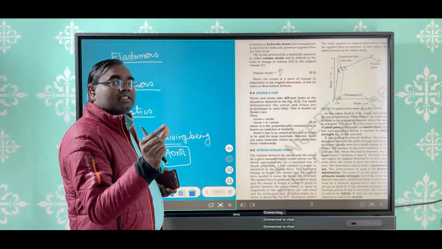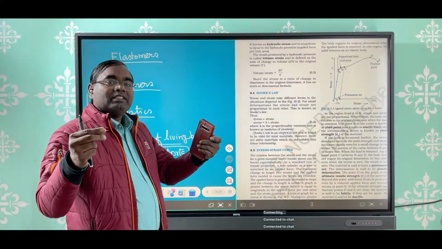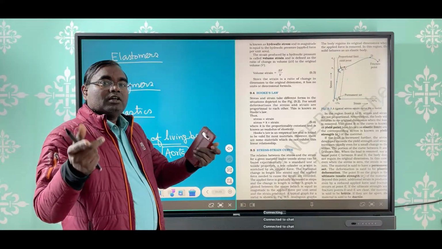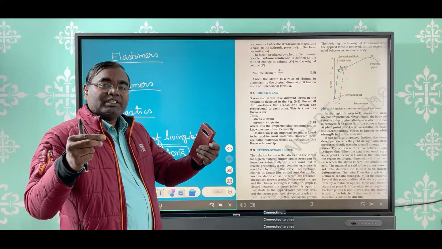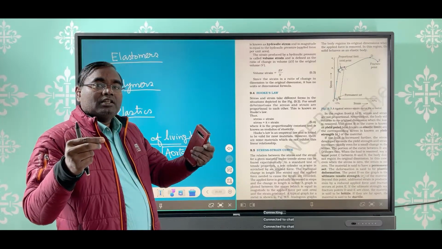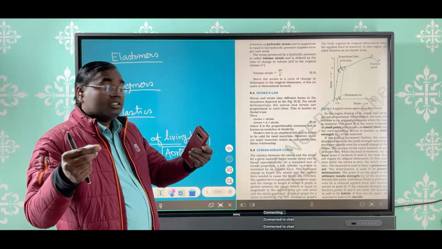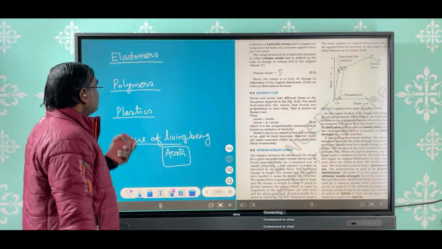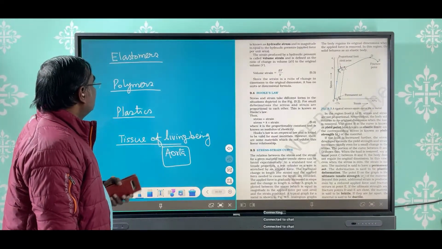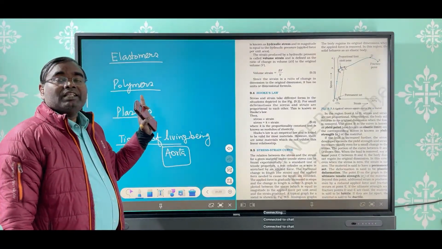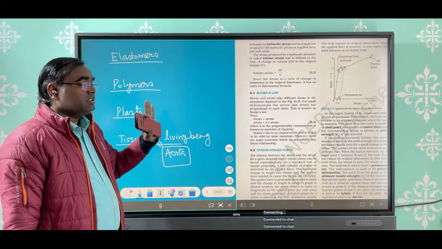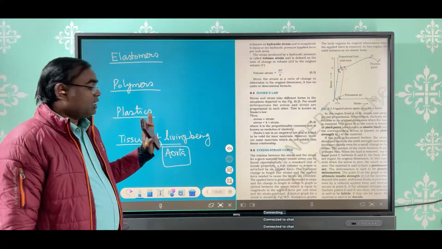For small stress, you can stretch to an appreciable value of the length in comparison to the original length. Similarly, polymers and plastics don't show the linear relationship. Means they don't obey Hooke's law.